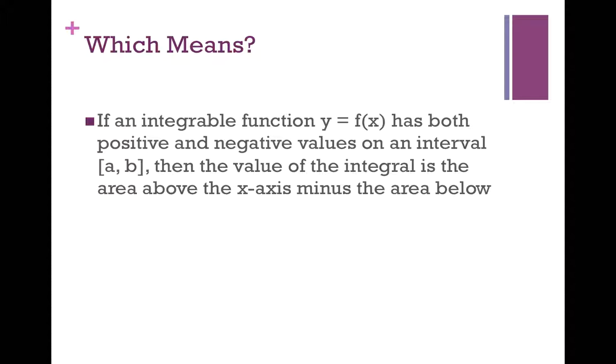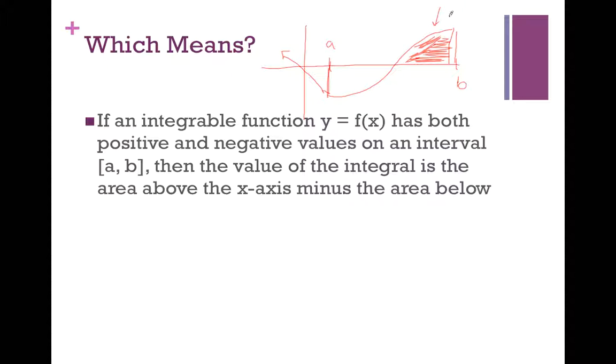So here's what else we can say. If you have a function that has both positive and negative values, so meaning some function that looks like this between a and b, and you're trying to find the area below the curve, we really mean find the area between the curve and the x-axis.